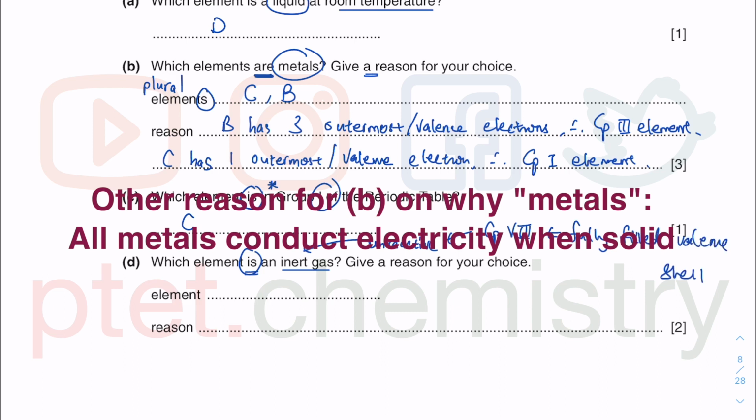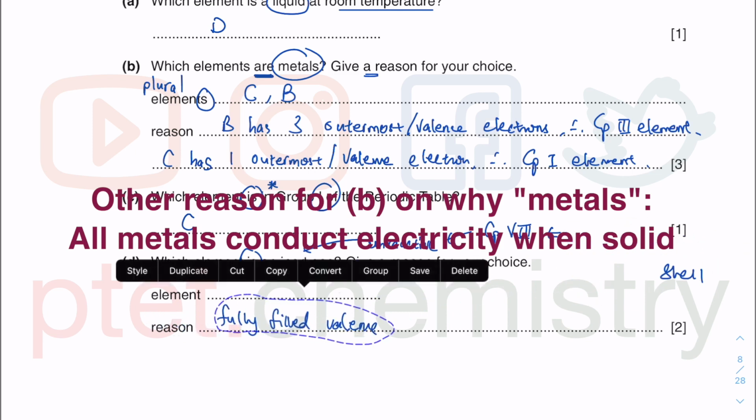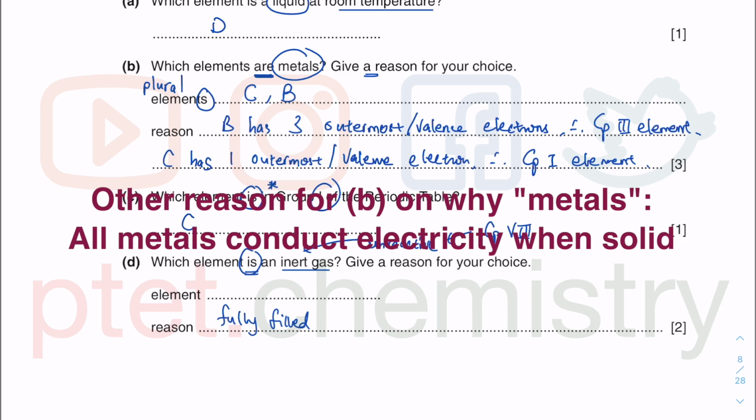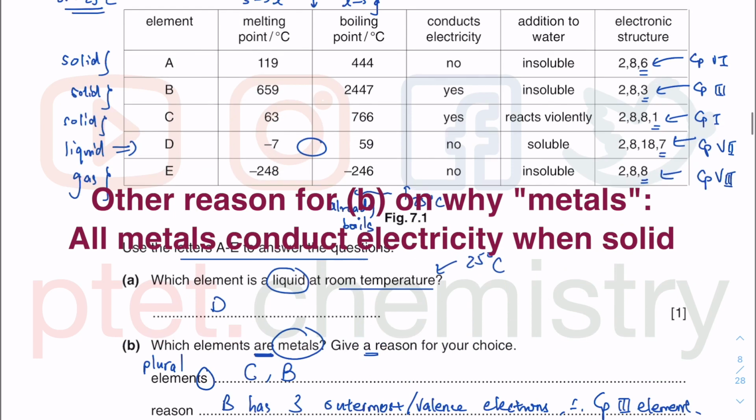If you don't like that word, you can say outermost. Just stick with one, whichever one you like. The outermost shell is completely full already, so that's why it doesn't gain, it doesn't lose, it doesn't share. The one which is completely full is element E.